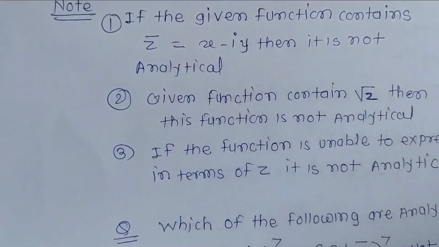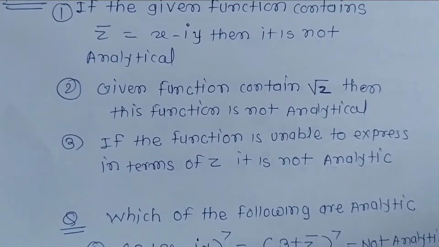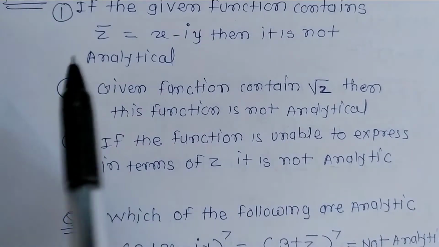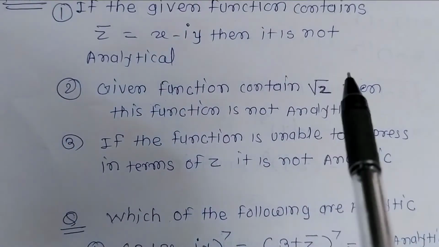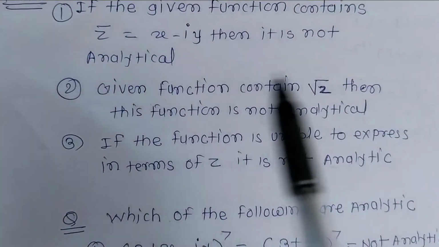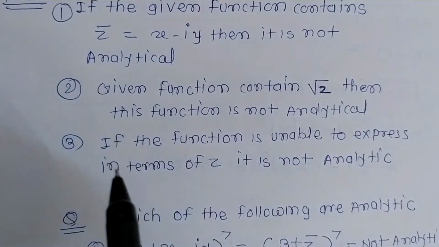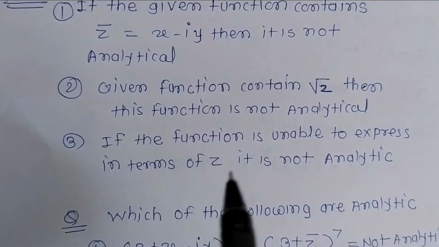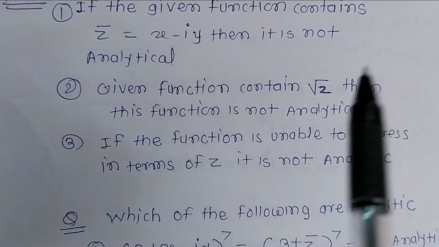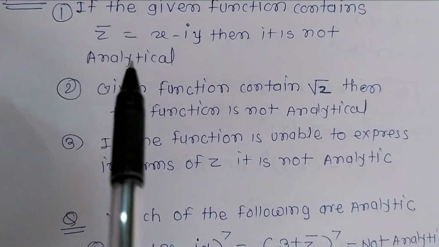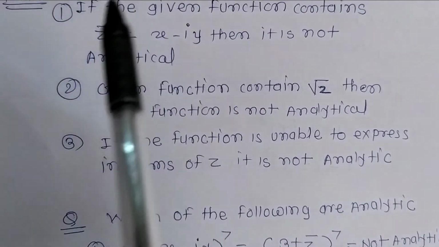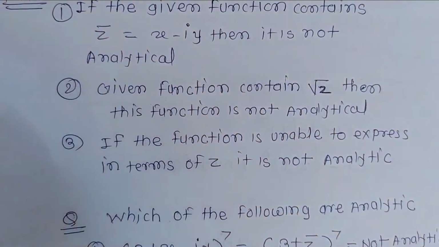And third condition is if the function is unable to be expressed in terms of z, then it is not analytic. Okay, and when there is a z bar, that is x minus iy, present in this function, then we call this not an analytic function.